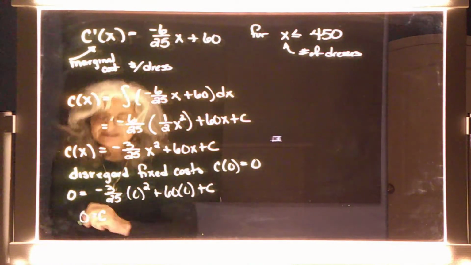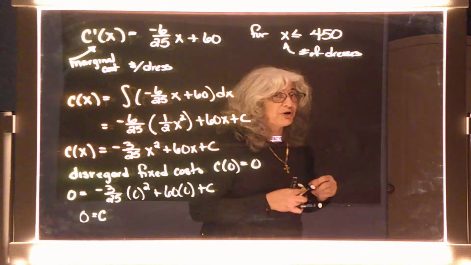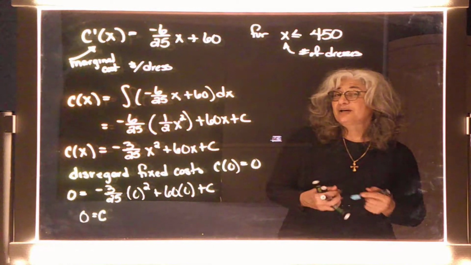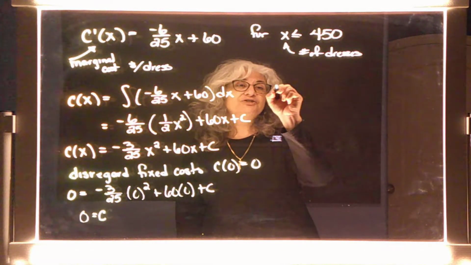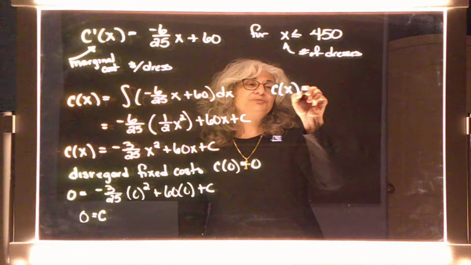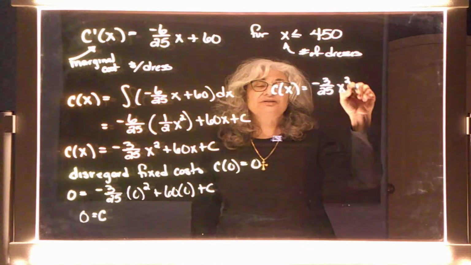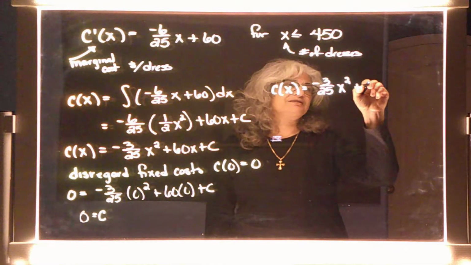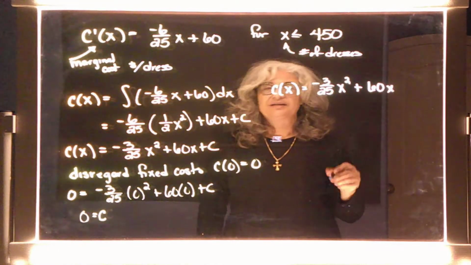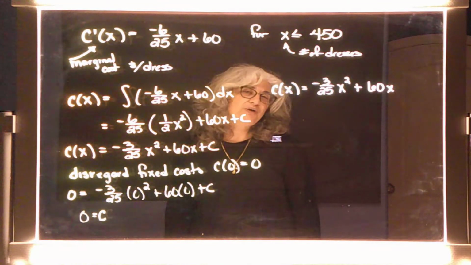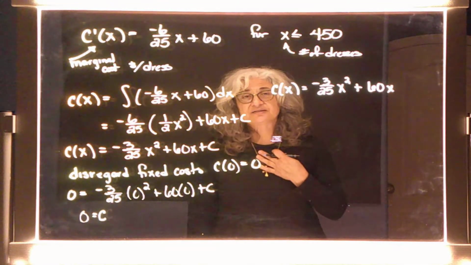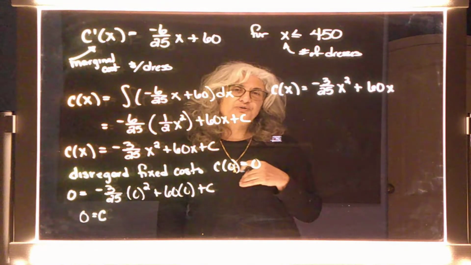Yep, you got it. C equals 0. No surprise. So that means your actual cost function is going to be negative 3/25 x squared plus 60x. And your c drops out. Okay, so they want us to find the cost of the first 220 dresses.